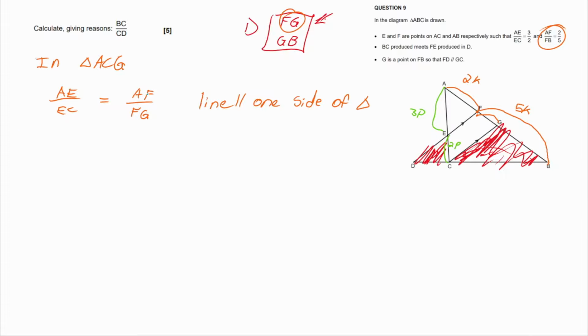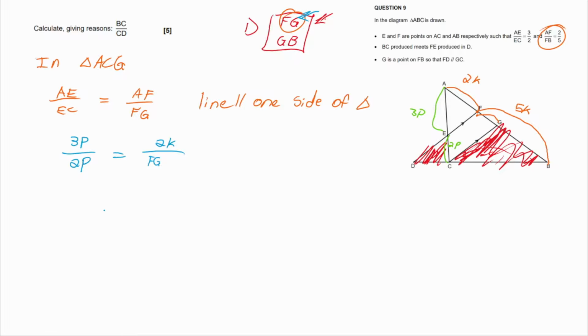Perfect. So let's fill in what we know. AE is 3P, EC is 2P, AF we know is 2K, and FG is what we're trying to find. So if we do algebra, we can cross multiply.